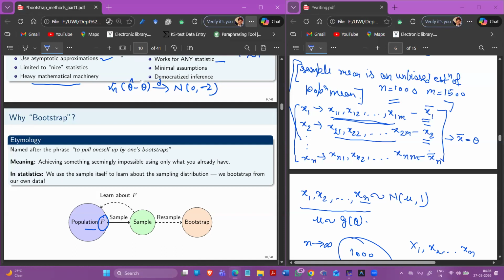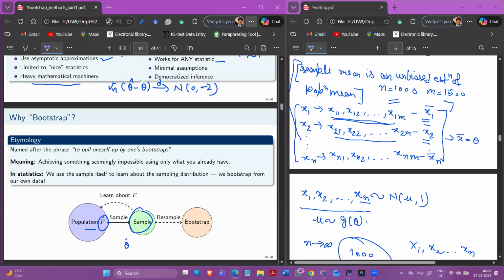In that one, our goal is always to learn about the population parameters like mean and variance, standard errors, confidence intervals, and sampling distribution. So what we do is take a sample from the population, and we have only one sample here. After taking the sample, we compute the sample mean, sample variance, MLE, whatever we want to compute. Now the problem that arises is that we have only one sample, so we cannot directly see the sampling distribution of theta cap.